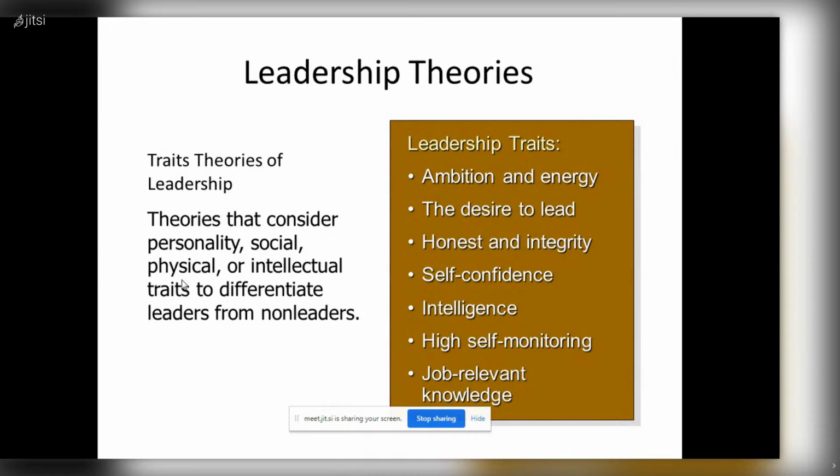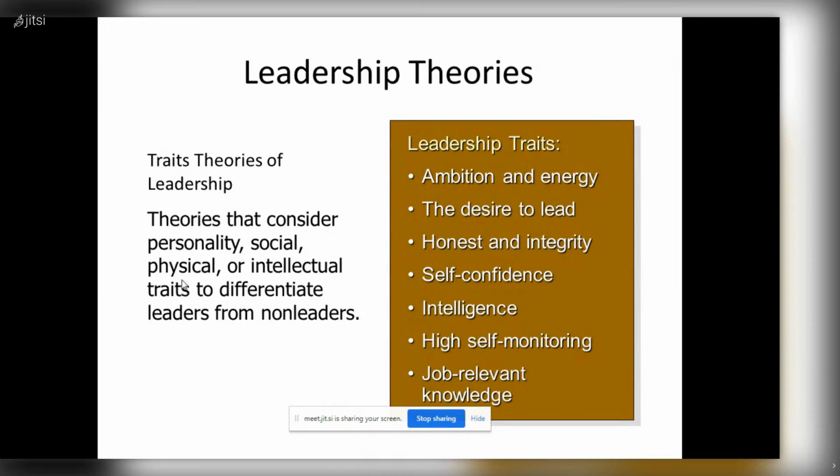In the period 1940s to the mid 1960s, the researchers concentrated on the preferred behavioral styles that leaders demonstrated. Most of the research started studying what effective leaders did. So let me explain the seven traits associated with leadership.